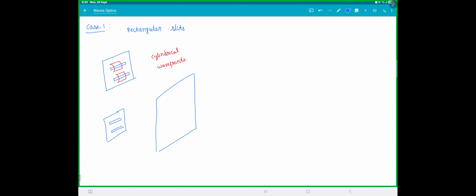Basically this is your S1, this is your S2. This is how you'll find the fringes. So it won't be a point; in 2D, it'll be like a complete line. So this is the central bright fringe. When you say S2P minus S1P, P is the locus of all those points.